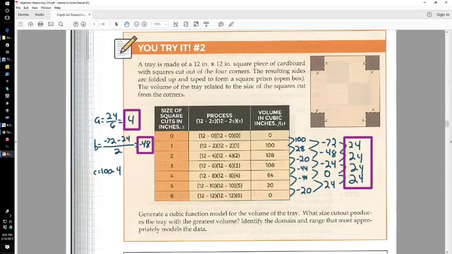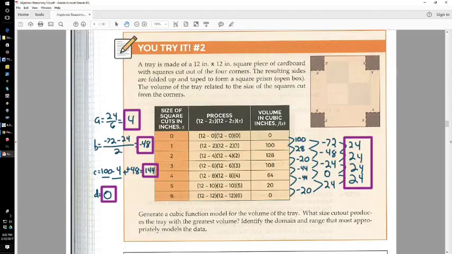So the C value is the very first difference, 100, minus 4, minus negative 48, which is really a positive. So that's 100 plus 44, which is 144. Feel free to put that in your calculator if you don't believe me. I wouldn't blame you with the mistakes I've made the past 20 minutes. And then D is your starting point. When x is 0, y in this case is also 0. So we've got our equation.